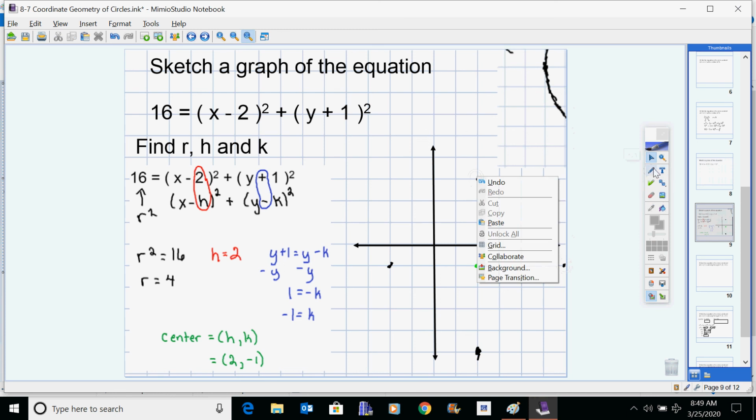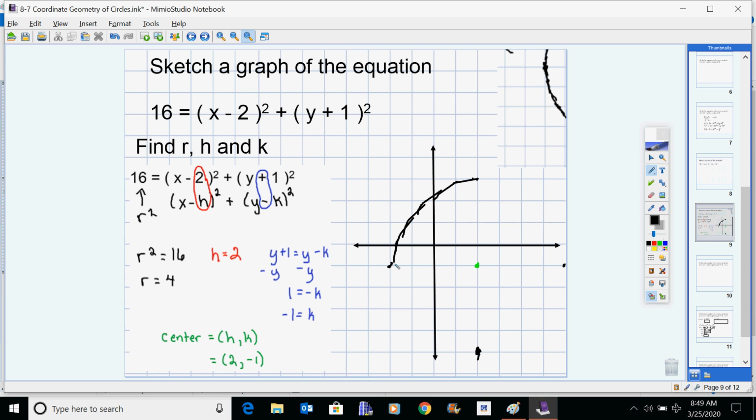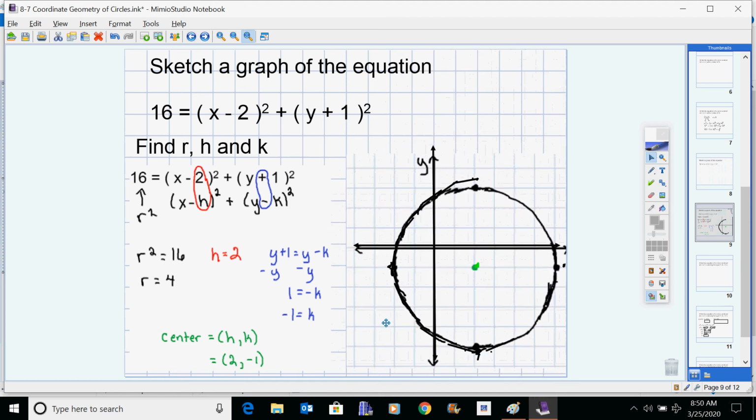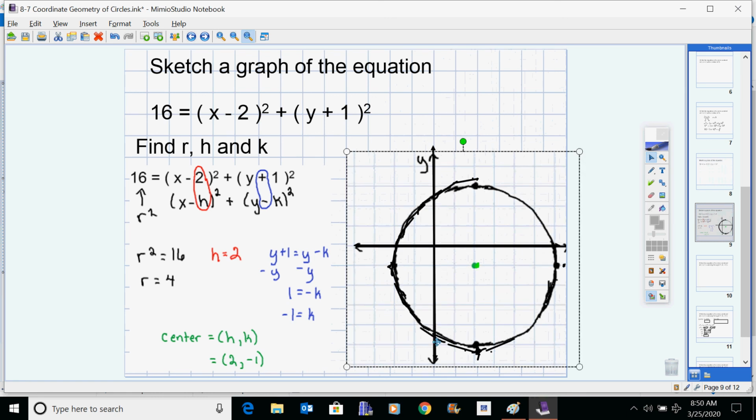Now, I had mine pre-done because sketching in the circle is kind of tricky, especially with the way this program works. So I had to kind of ad-lib a little bit. But if you have a nice piece of graph paper, you're going to be able to sketch it in a lot better than this. Or if you have your compass, you would be able to just match it up, and then once you carefully sketch around, you end up with the circle like that.